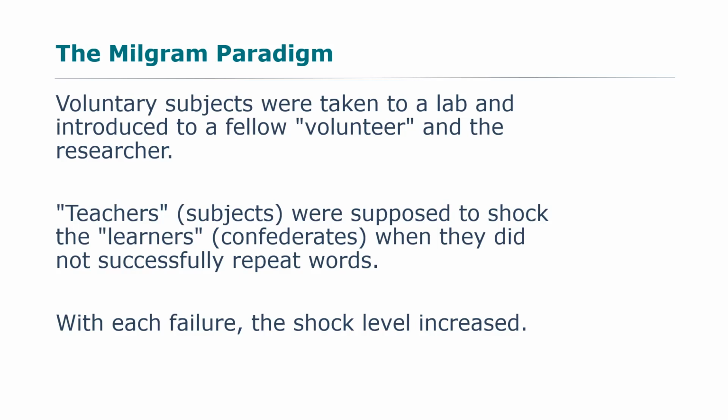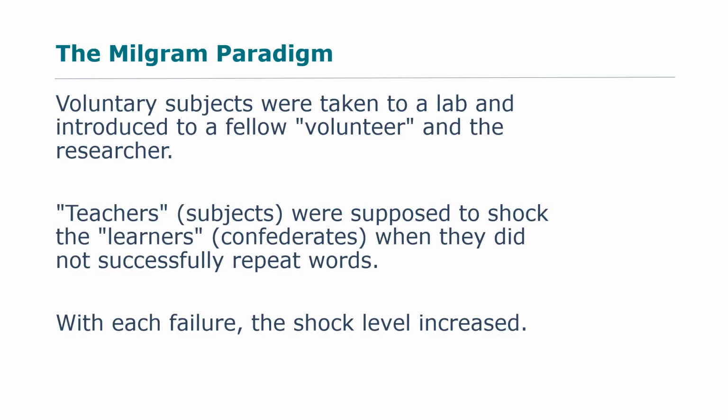And the teacher, the subject, is explained that you were supposed to shock the learner when they did not successfully repeat the correct words in what's called a paired associates task. Basically, the teacher gives a list of word pairs. It might be like strong arm, blue sky, black curtain, clean window or whatever.